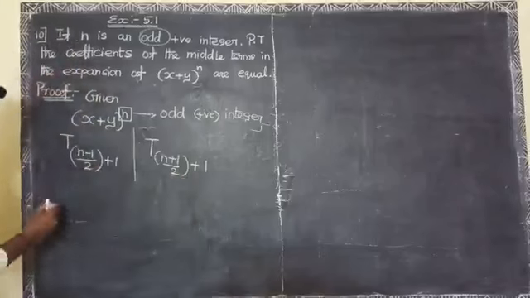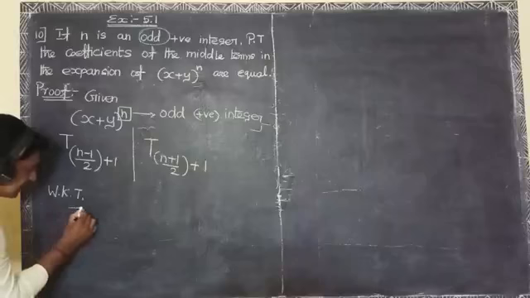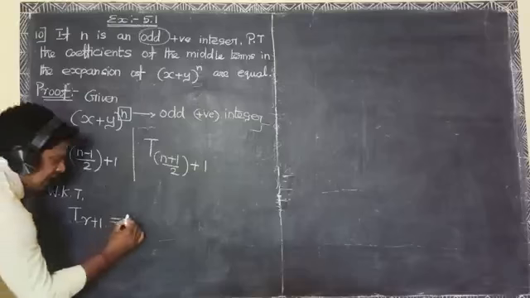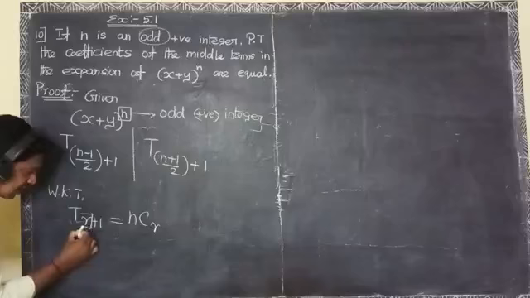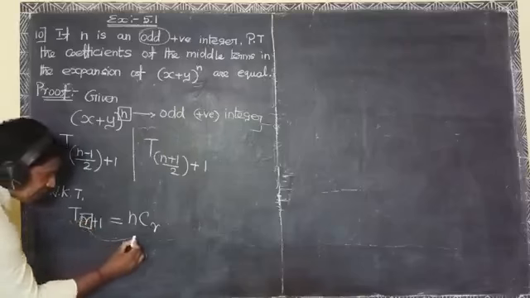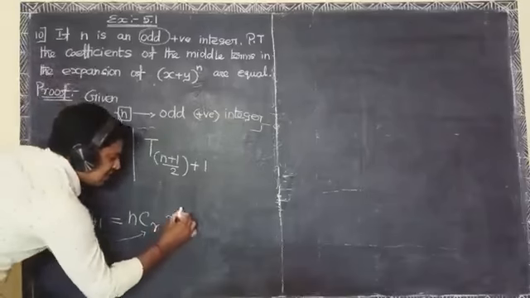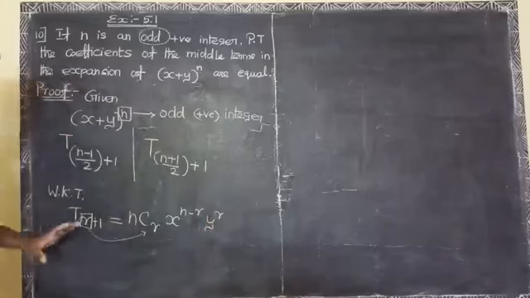We know that the (r+1)th term, T(r+1), is equal to nCr x^(n-r) y^r.